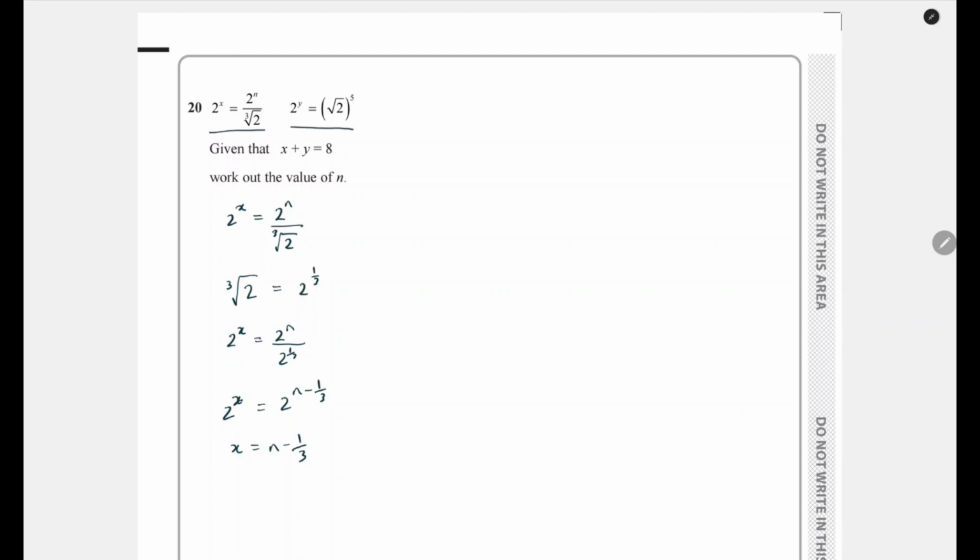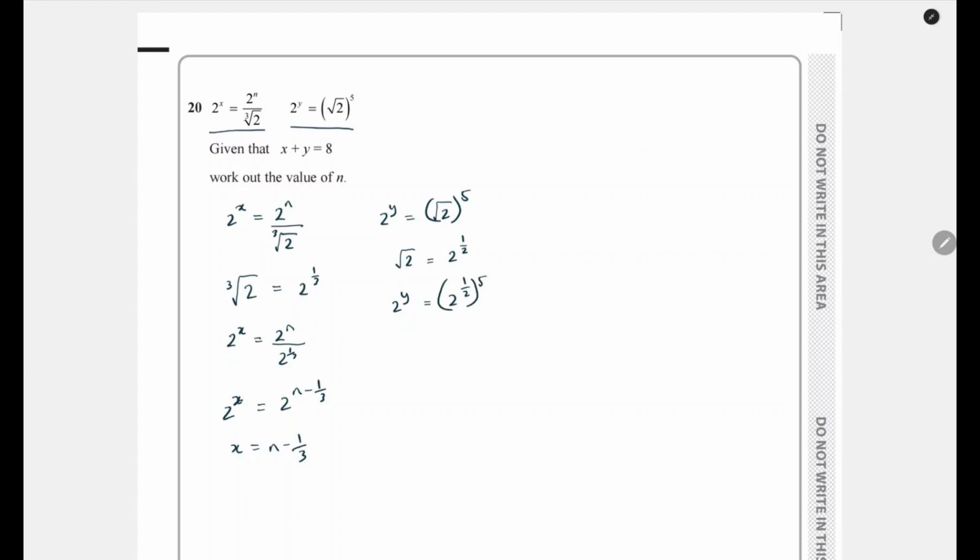Dealing with this second equation here, we have 2 to the power of y is equal to the square root of 2 to the power of 5. Now we know that we can write the square root of 2 as 2 to the power of 1/2. And so rewriting this equation gives us 2 to the power of y is equal to 2 to the power of 1/2 all to the power of 5.